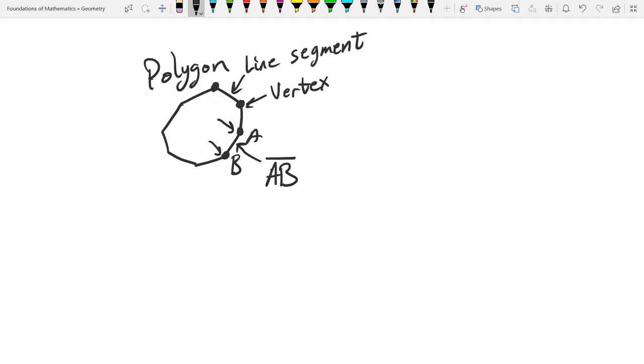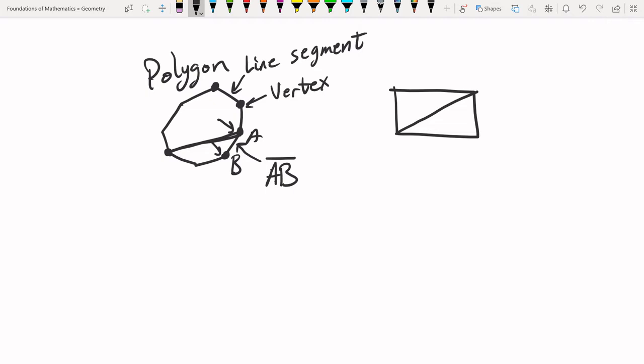If we draw a line segment between two vertices that are not adjacent to each other, for instance, this line segment here, this is called a diagonal of the polygon. This typically makes more sense when looking at four-sided figures. For instance, like this rectangle here, if I draw a line through there, this is clearly diagonally across the rectangle.